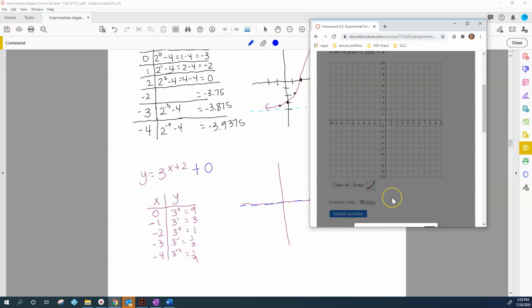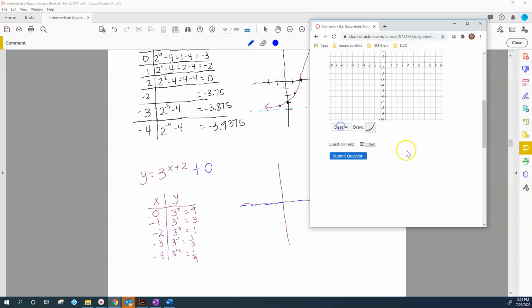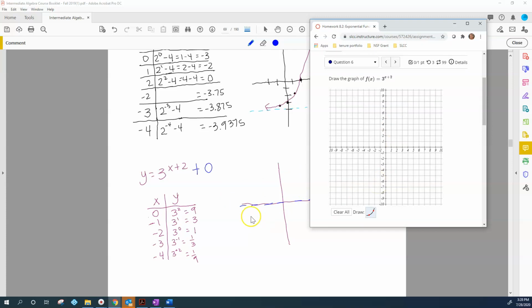Whoops, that's not what I wanted to do. All right, so then I'd want to put in 2 of the points on there. So maybe I'll just do -1, 3, so over -1 up 3. No, I think it wants me to do that other one. Sorry. This is sometimes a little bit different on these.